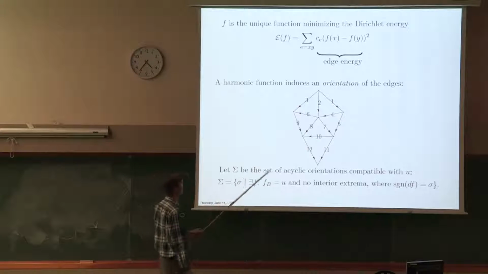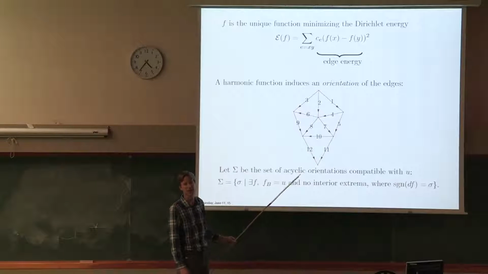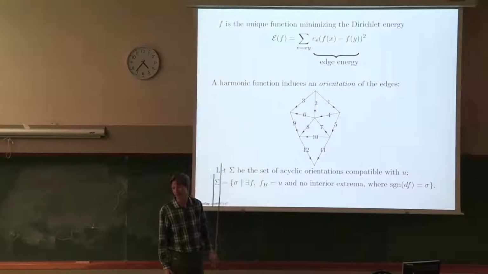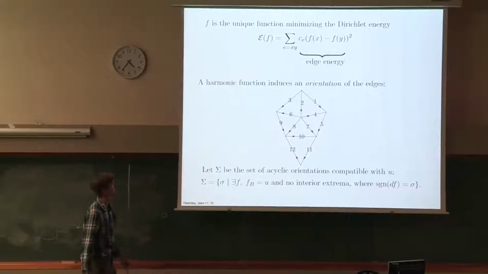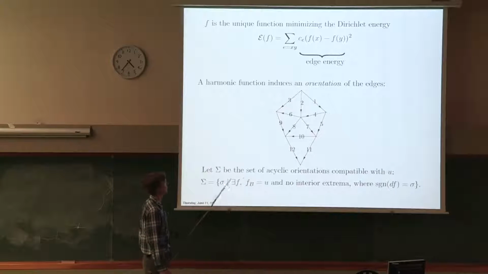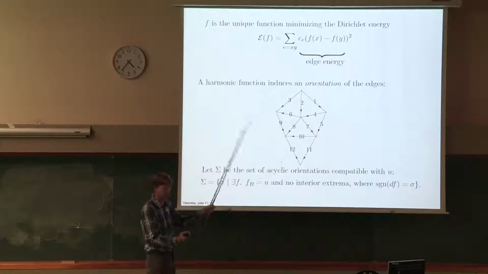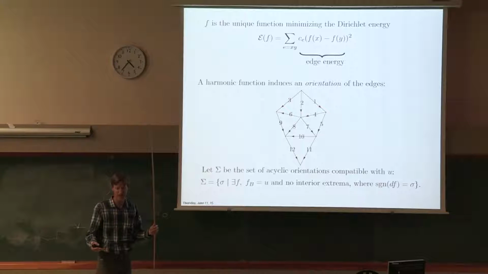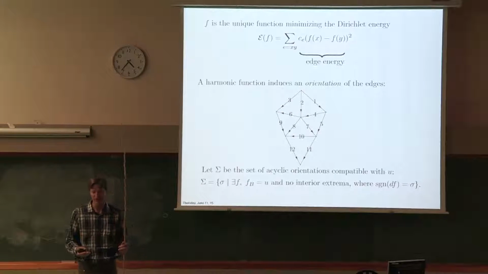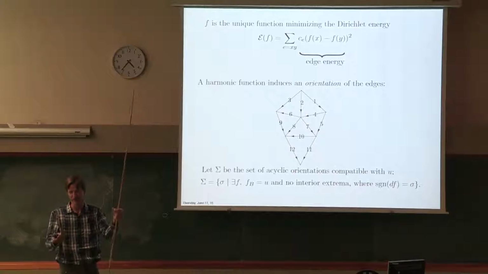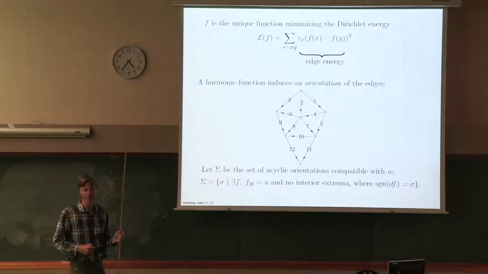So what we get is an acyclic orientation of the graph, which has no sources and sinks except on the boundary. In the case when there are only two boundary vertices, these are called bipolar orientations. They're acyclic orientations with no sources or sinks except a single source and a single sink.